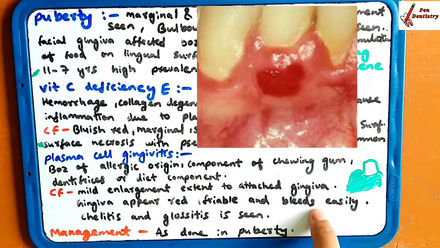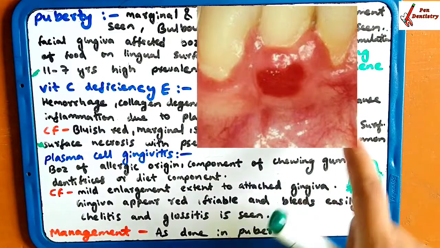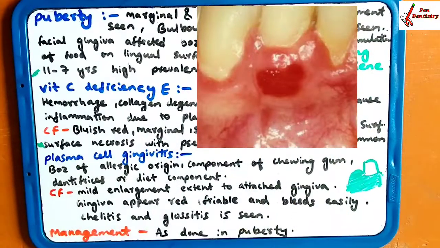It is also seen in cheilitis and glossitis. The management is the same as in puberty: scaling, curettage, oral hygiene and surgery.